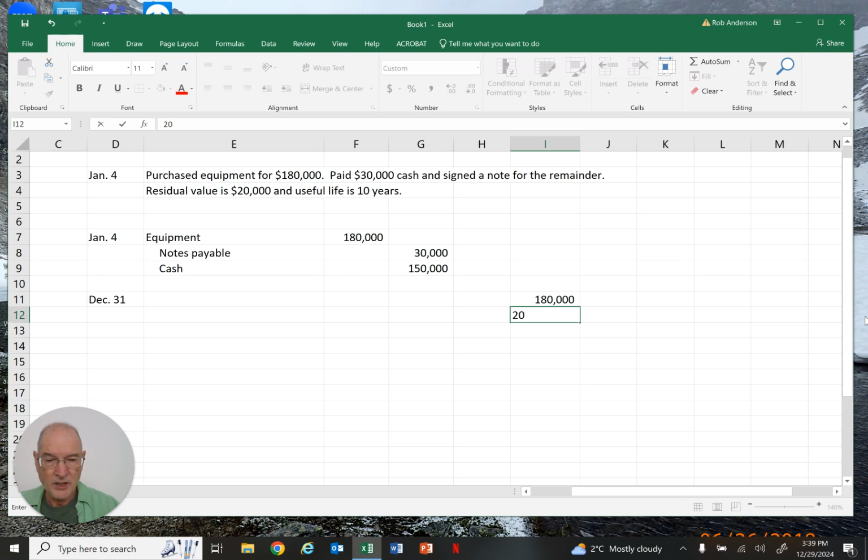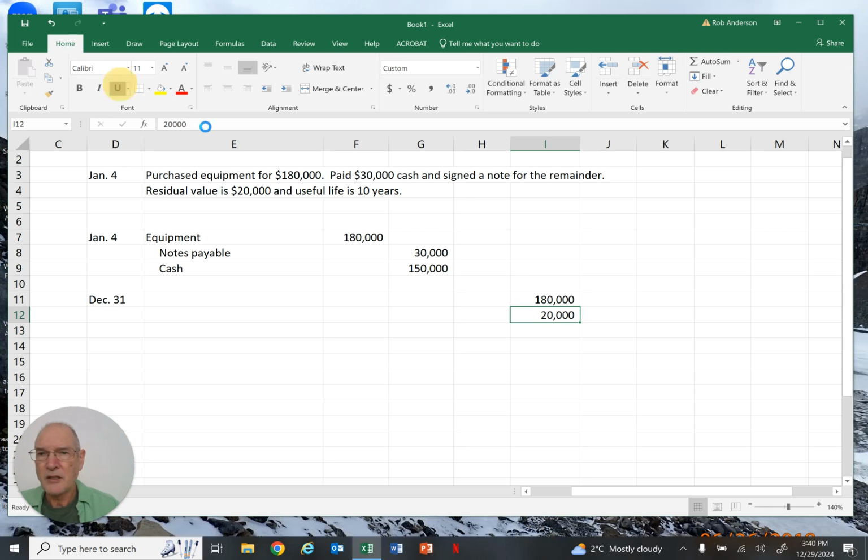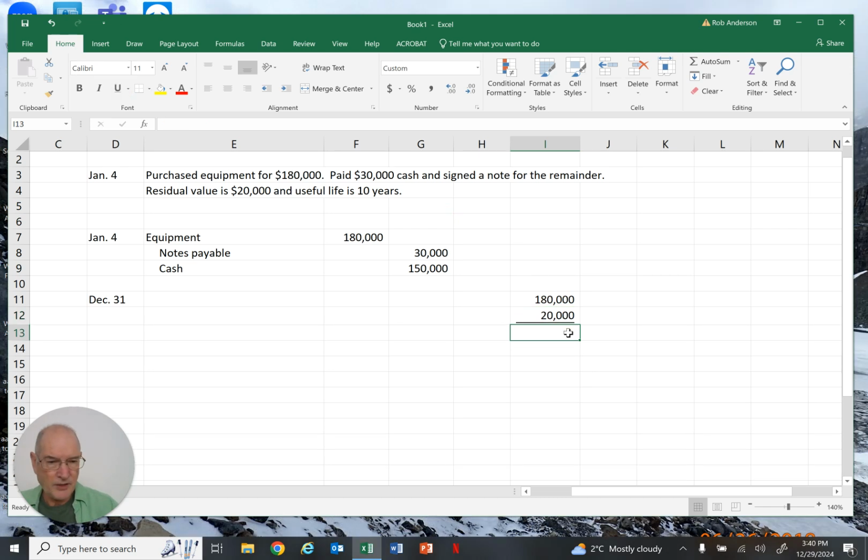So this is the estimate of $20,000 that we deduct. And then we find the difference. So that's $160,000. So we would call the $160,000 the amount to be depreciated.